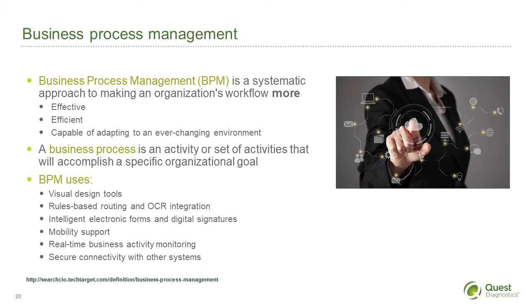So this is what we call business process management, or BPM, the systemic approach to making a workflow more effective and more efficient. And on the next slide, you'll see the visual design tools that are used to achieve the specific goal for these particular organizations.